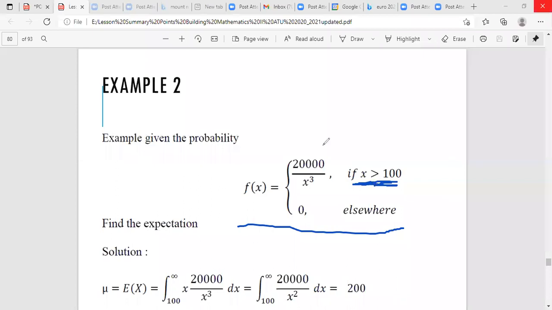Now, that helps us to know that we are dealing with what? A continuous random variable.